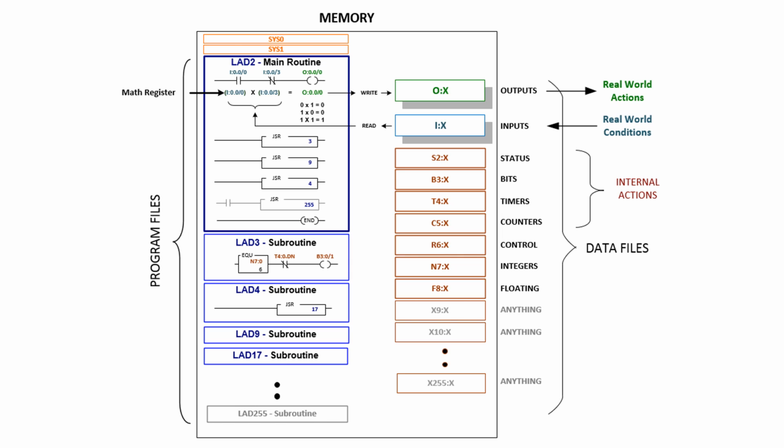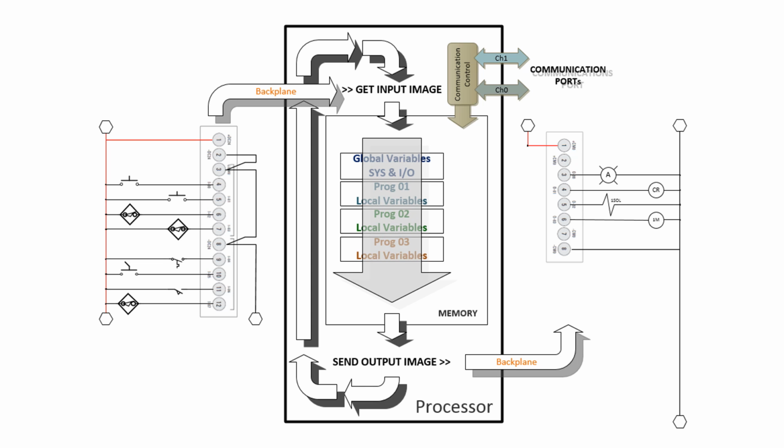You could expand, but you couldn't create any pointers or variable names outside of what you see right here. With the 800 family, you have a little bit more latitude. Yes, there's global variables, and the I/O variables are fixed. You can't change the way they look. But all of your local variables, you can name them anything you want.